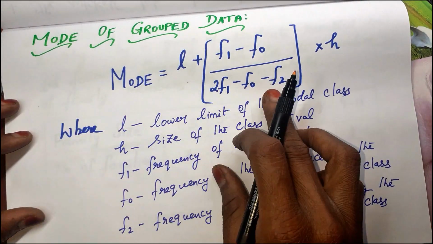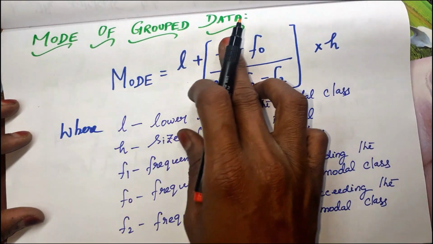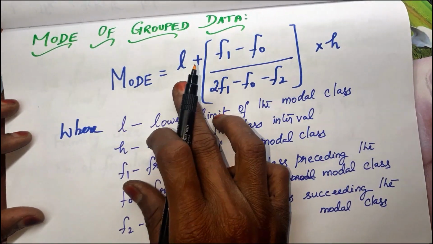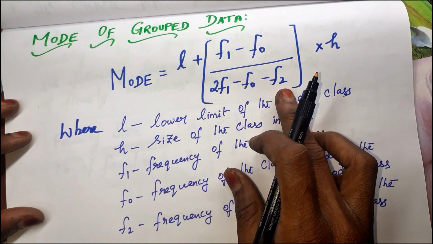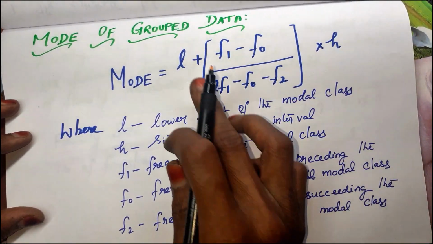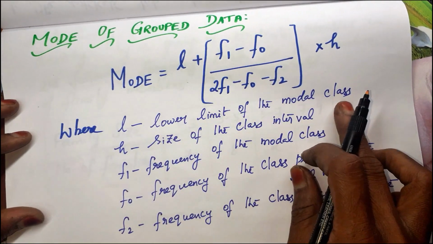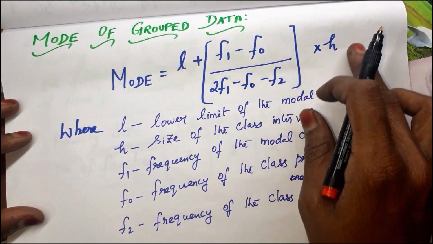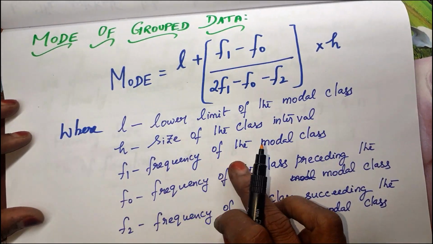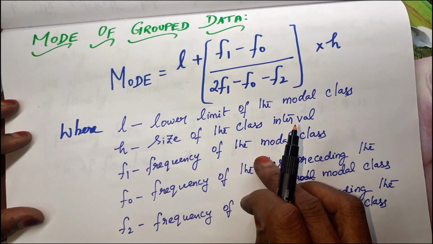This is the formula for finding the mode of grouped data. Mode is equal to L plus (F1 minus F0) by (2 F1 minus F0 minus F2), into H, where L is the lower limit of the modal class and H is the size of the class interval. F1 is the frequency of the modal class.